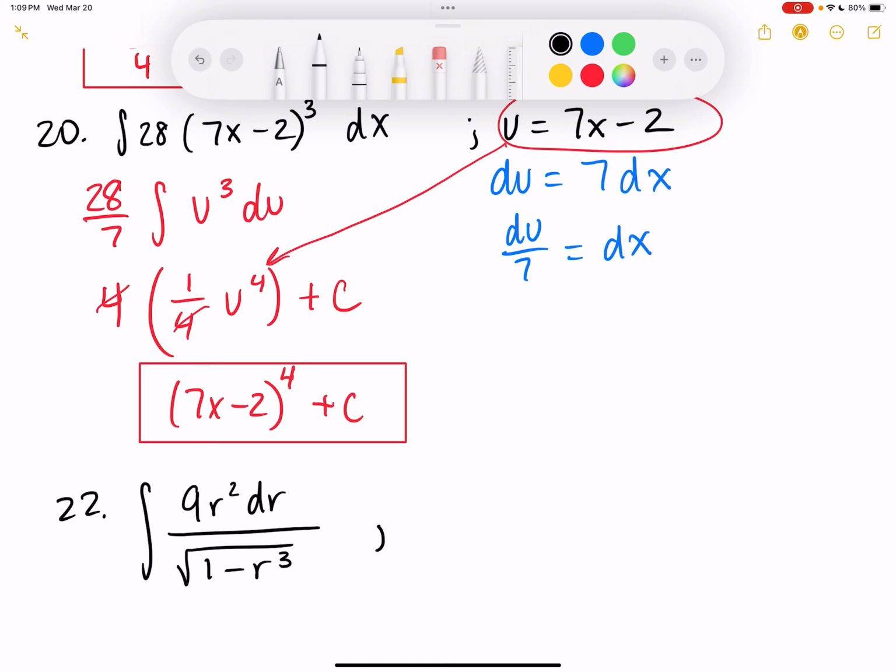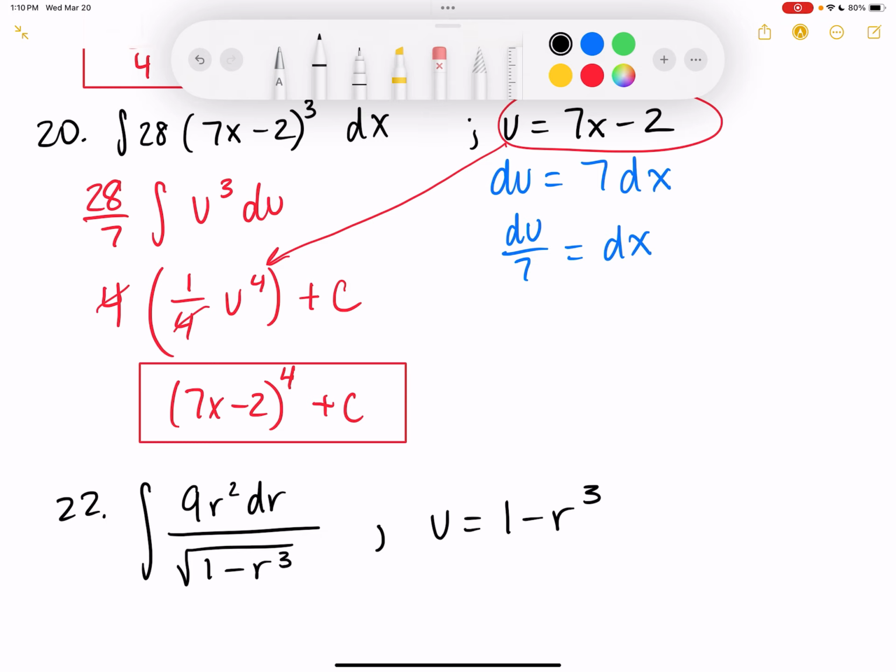You said 1 minus r cubed raised to the 1/2. I'd say that u is probably just 1 minus r cubed. Yes, it's going to be just the 1 minus r cubed, because I can deal with u to the 1/2. I can't deal with the chain rule within that as an antiderivative. So yes, but they gave it to us in this problem. I just wanted to see if we could figure it out. It's 1 minus r cubed.